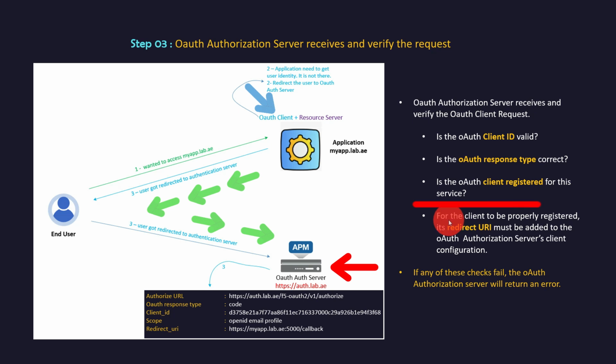Important note, for the client to be properly registered, the client redirect URI must be added to the OAuth Authorization Server's client configuration. If any of these checks fail, the OAuth Authorization Server will return an error. In our case, the OAuth Authorization Server successfully verifies the OAuth client request.